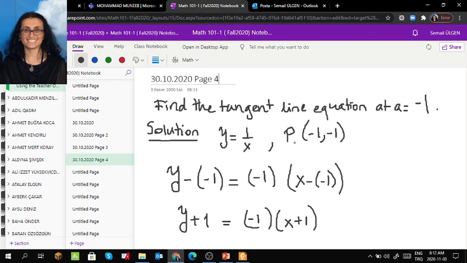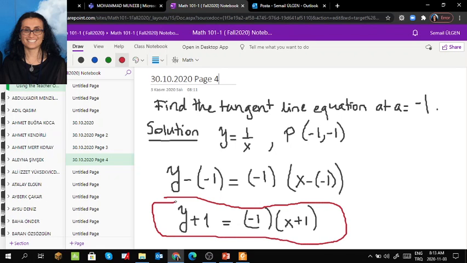So the slope is negative 1, the point is negative 1, negative 1, and we get this equation, and you can leave it like that, no problem. You don't have to simplify it.